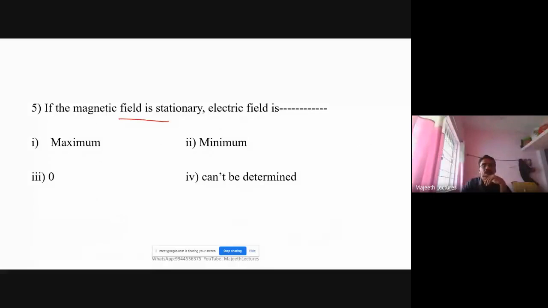Next, if the magnetic field is stationary, what is the electric field? Now we have to relate magnetic field and electric field. We know del cross E is equal to minus dou B by dou T. If magnetic field is stationary, meaning constant, the differentiation of a constant is 0. So the electric field is simple.